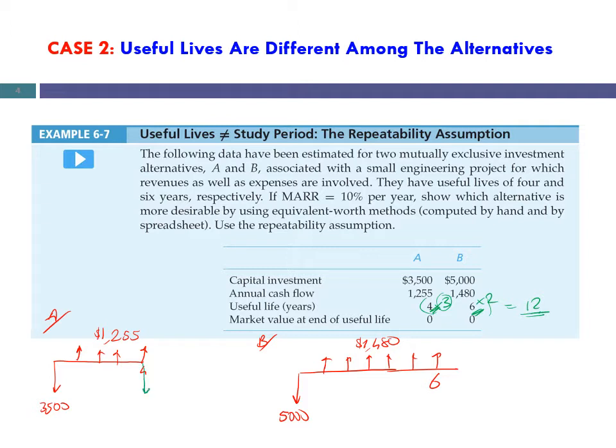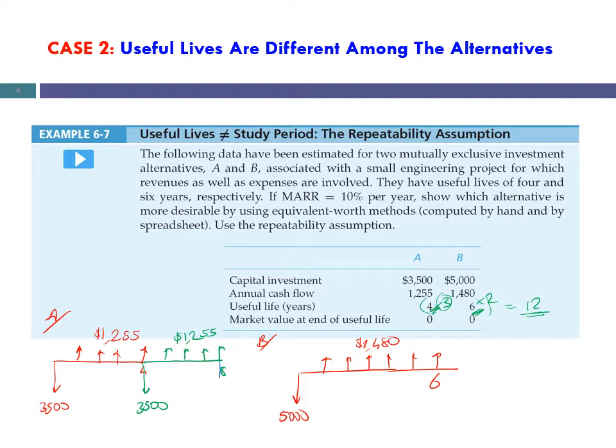Repeating means this. At the end of its lifetime, you sketch the same cash flow one more time up to time 8. And we are assuming that the same cash outflow and inflows occur. And then I need to do it one more time to reach 12.